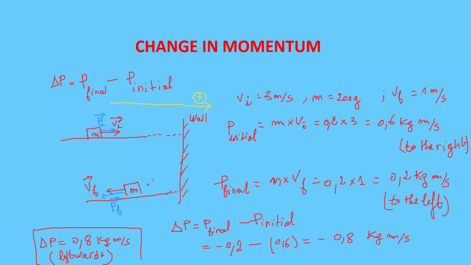If the momentum is directed in the opposite direction, you have to add a minus, and you make the difference. Here I find minus 0.8 kilogram meter per second. I say delta P is 0.8 kilogram meter per second, but this minus means that the change is contrary to this direction, so it is leftwards, to the left. Thank you very much.